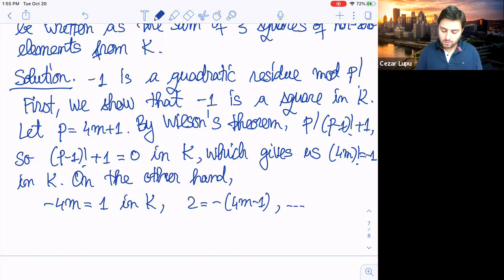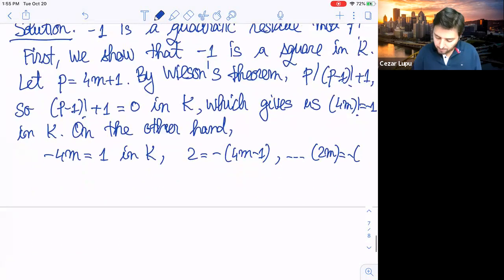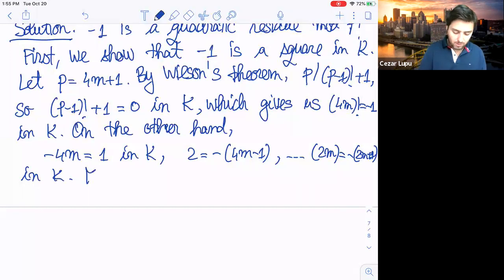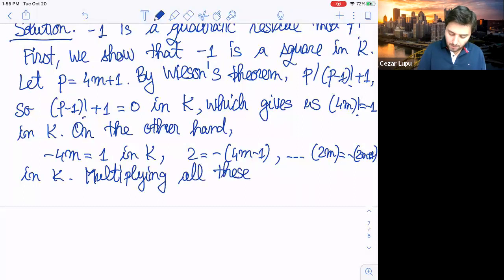And we keep going. So 2m will be negative (2m plus 1). And this happens in K, all these relations. Now if we multiply all these equalities, we will have the following.